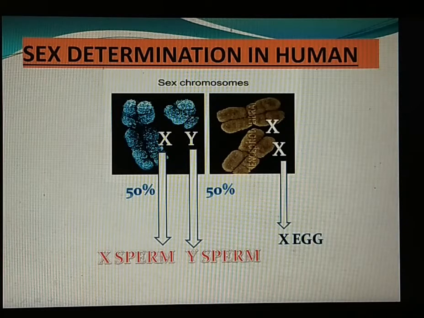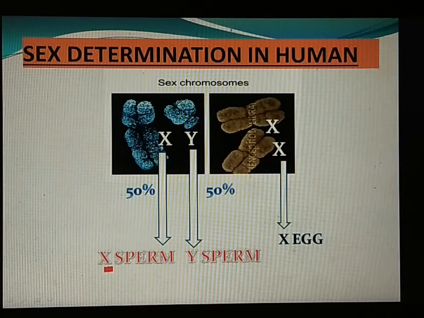With respect to sex determination in humans, we see that males will have X and Y chromosomes in their cells along with the autosomes. So there will be gametes which have the X chromosome, and those are called X sperms, and the gametes which have the Y chromosome are called Y sperms.